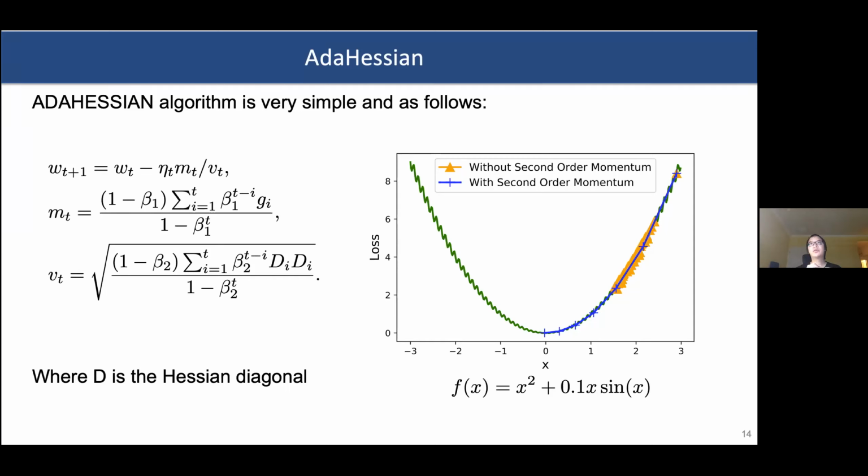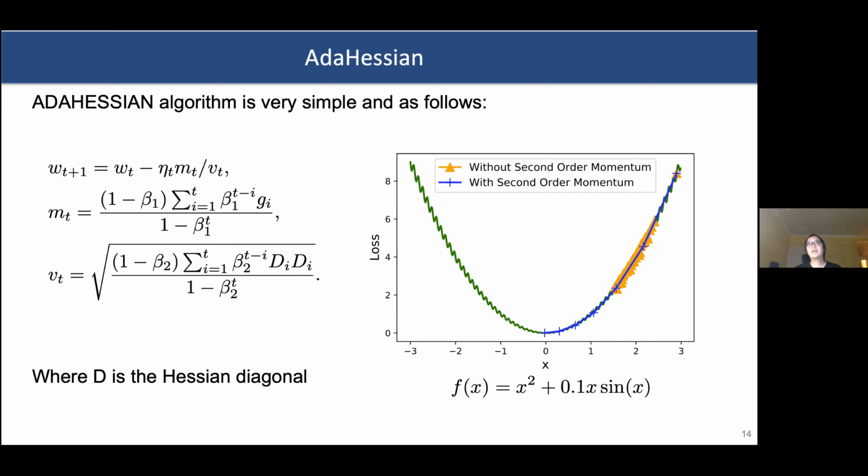You can think this local noise comes from the non-convexity of your problem, or, for example, the mini-batch noise, since with mini-batches you will get some noise. So here we see that if you don't use second order momentum, the orange curve, you start from roughly x equals 3, and then you will get stuck at some local minimum at about x equals 1 point something.